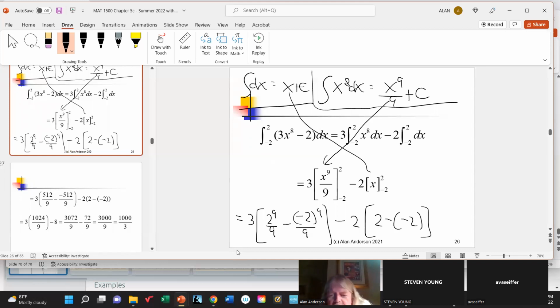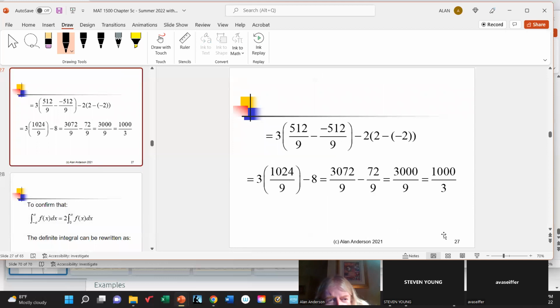Okay, now we just have to evaluate it. Now it's a bit of a mess, of course, because we'll have some fractions, but actually turns out pretty well. 2 to the 9th turns out to be 512, by the way. So we have here 512 over 9 minus a minus 512 over 9. Over here we have -2 minus -2.